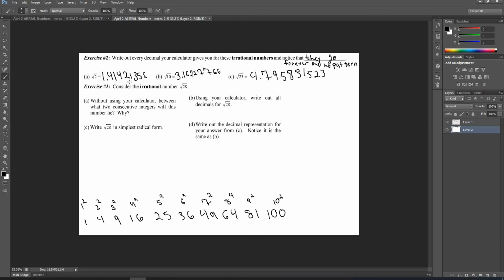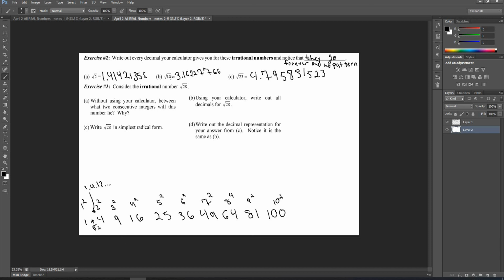So 1.414 is between 1 and 2. Here's square root of 2. Here's 1.4142 and so on.